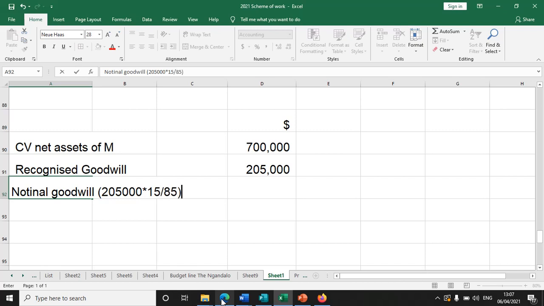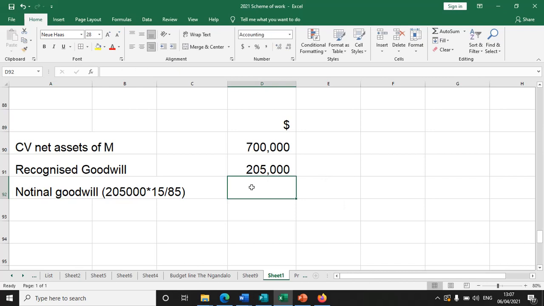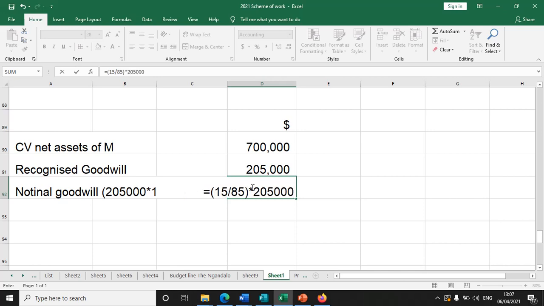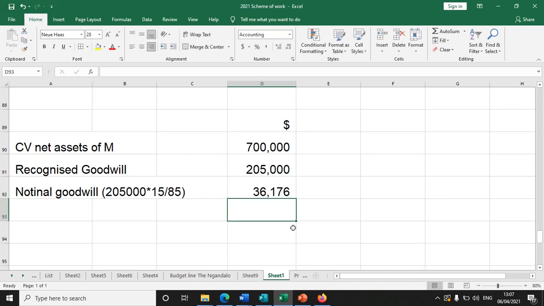That's how we do the roll forward, so we can get the notional goodwill. I don't think that this should be very difficult. Here I've got 36,170. So the total value of this particular subsidiary is standing at that much.